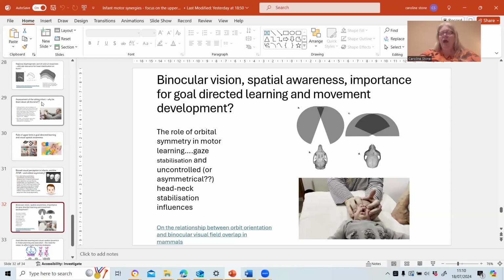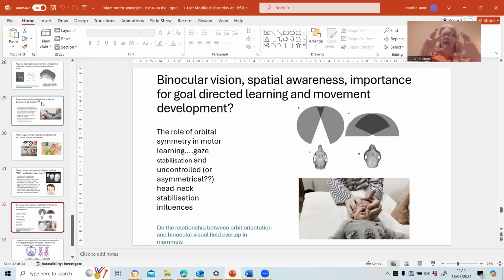So humans have a very overlapping binocular vision, and that gives a really different sort of spatial awareness. And this is really important for goal-directed learning, because if you can bring both eyes to focus on a goal, a task, then your whole cortex, your motivational circuitry, volitional circuitry, your homeostatic circuitry, arousal circuitry goes for that goal: do it, try it, fail, redo it, try it, learn it, embed it, memorize it, etc. All of that dynamic, first of all, is about bringing your eyes together and starting that spatial awareness.